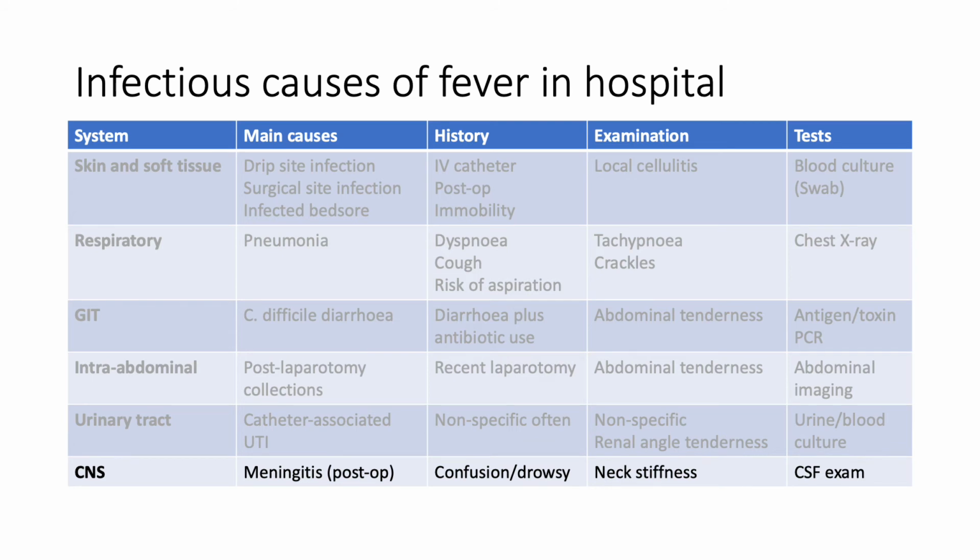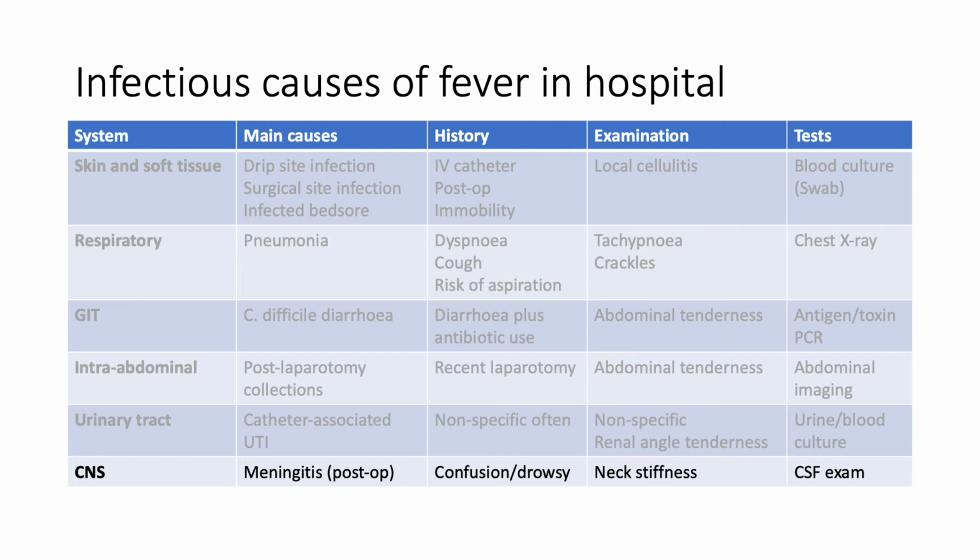Before I move on to the final two systems, again I forgot to mention the kinds of bacteria that cause infection in the last three systems that I mentioned. GIT we've spoken about, but intra-abdominal and urinary tract infection is most commonly caused by gram-negative bacilli.